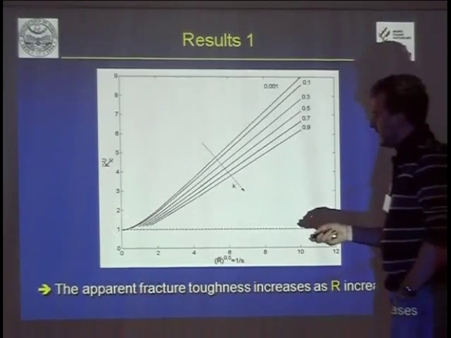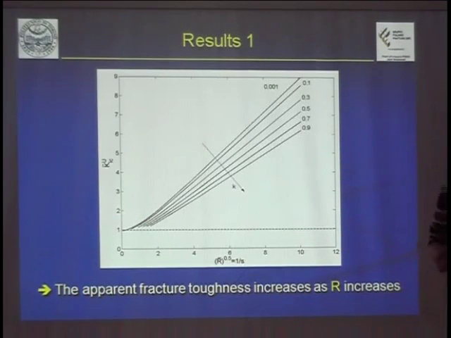Notice that these curves are all limited by the validity of the relationship derived by Lucas, while for very low values of k, for instance 0.001, the notch becomes more sharp, so when R tends to 0, the curve approaches the unit value, that is the apparent fracture toughness approaches the fracture toughness of the material. And this is for what concerns the apparent fracture toughness.